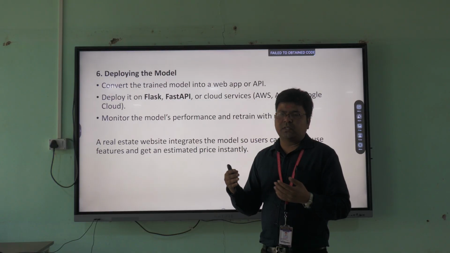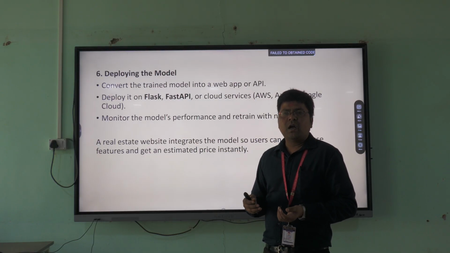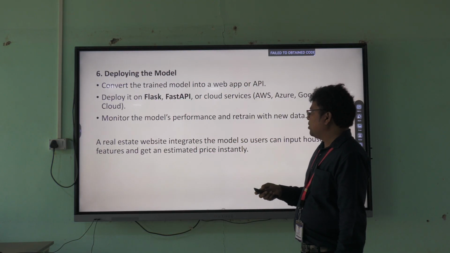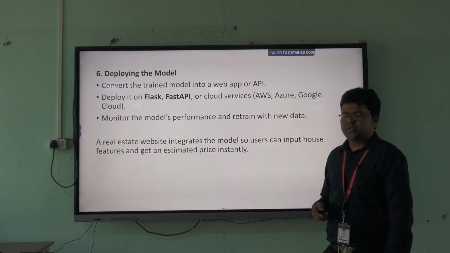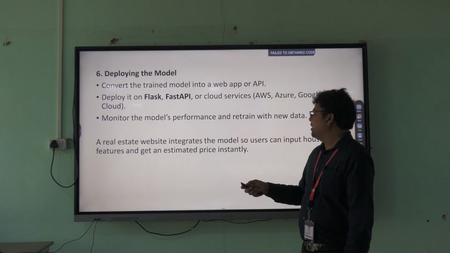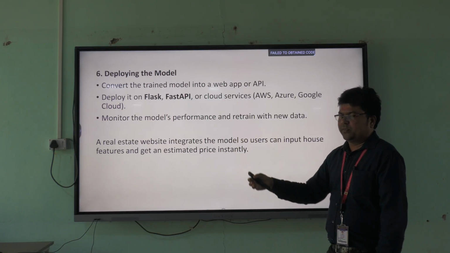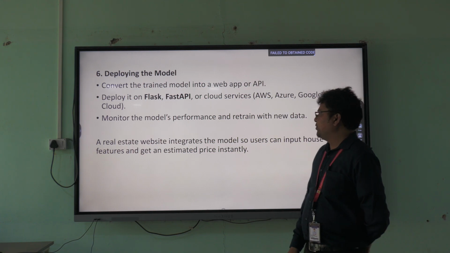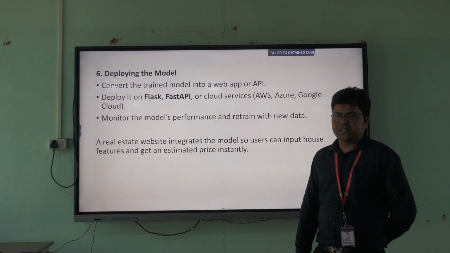Then the model will take the data and predict the amount. This is the requirement of the real estate website we developed to integrate the model. So the user can input the house features and get an estimated price instantly.